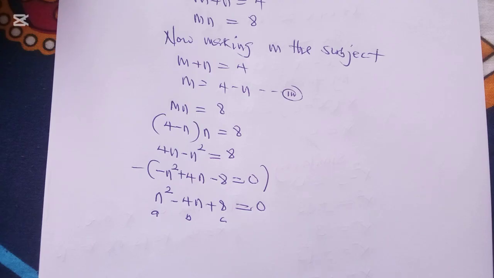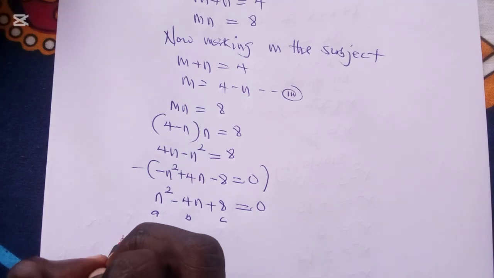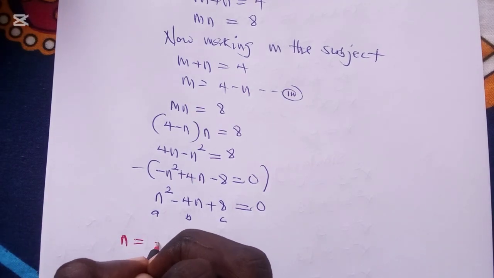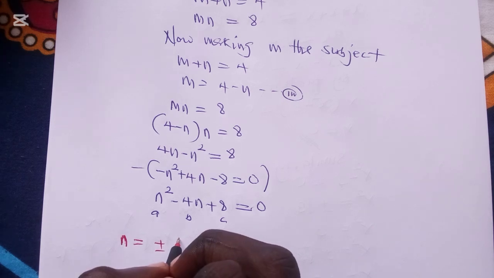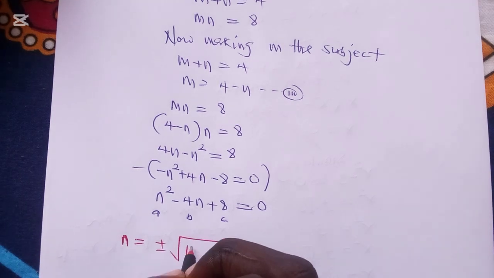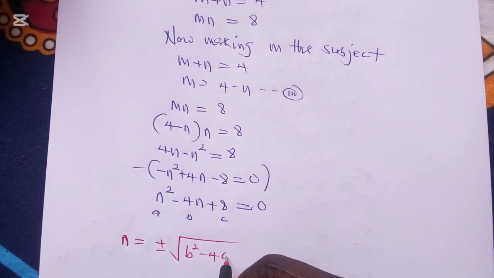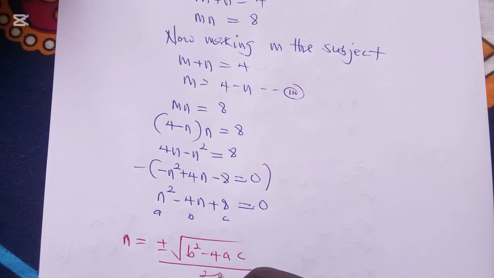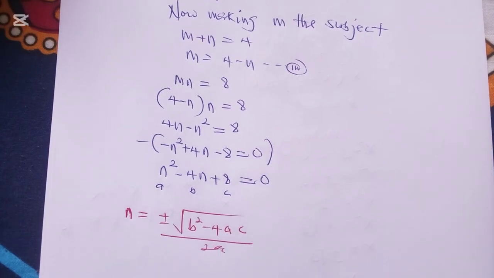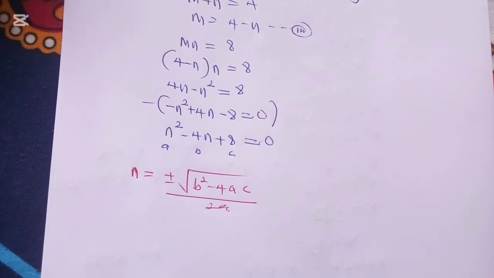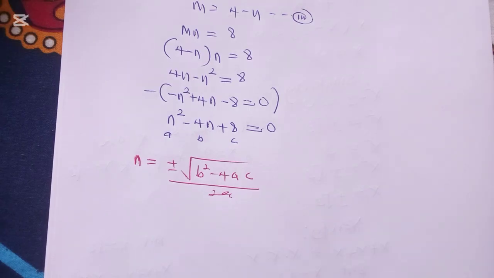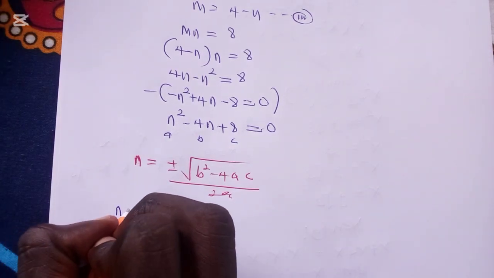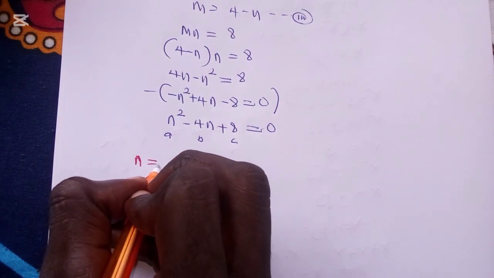Now using the formula method, we say n becomes minus b plus or minus the square root of b square minus 4ac divided by 2a. From this point, we substitute right away. Now substituting, we know n then becomes minus b.